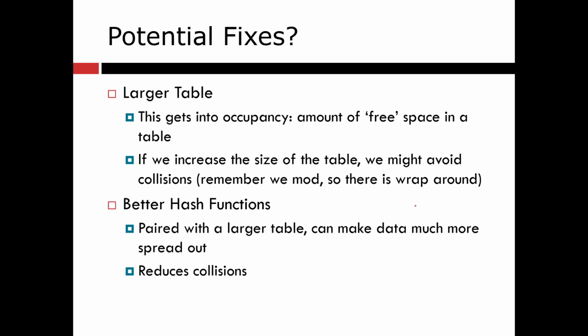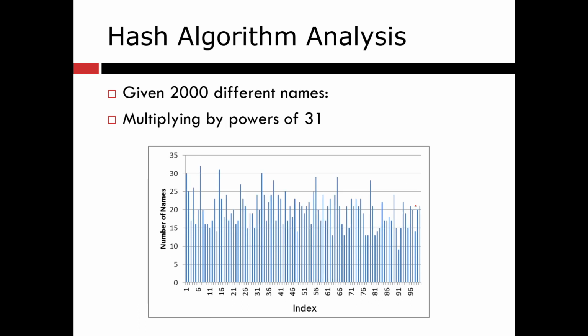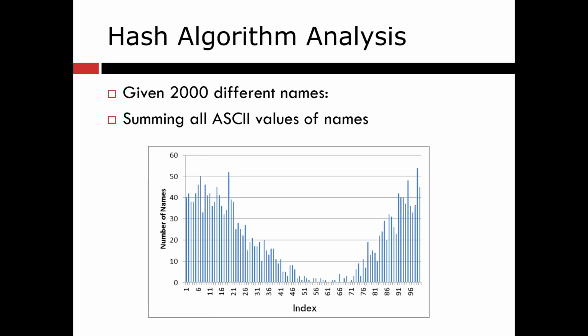All right, so the other thing we can do is we can get better hash functions. That's always going to be helpful for us. If we make a really large data with a really solid hash function, we're definitely going to have more spread out data. And this comes back to these graphs, right? These graphs are not arbitrary. I actually generated these graphs based on the same information that you grabbed the names from the exam.